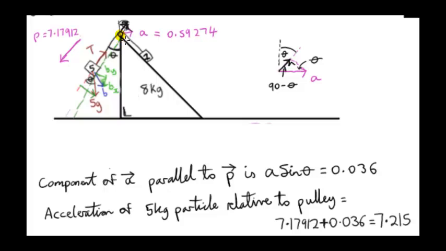It's not stationary. If the pulley was stationary, if the wedge was stationary, well, this would be the acceleration of the 5 kilogram mass. Since the wedge is not stationary, it has a component parallel to P and pointing in a direction opposite to P, we effectively add the magnitudes of these two vectors. So if you do that, you find the acceleration of the 5 kilogram mass relative to the pulley is 7.215 meters per second squared. So that's how much it accelerates away from this pulley.